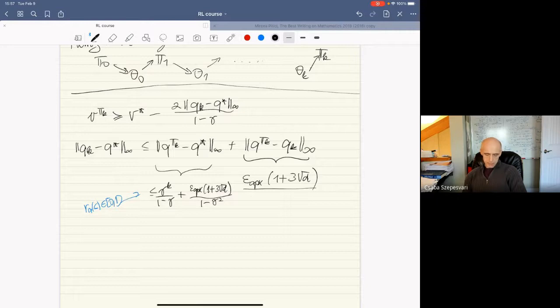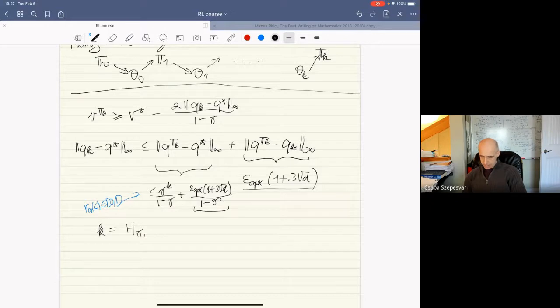Let's choose k, the number of iterations, to be the effective horizon for, I don't know, matching this term.